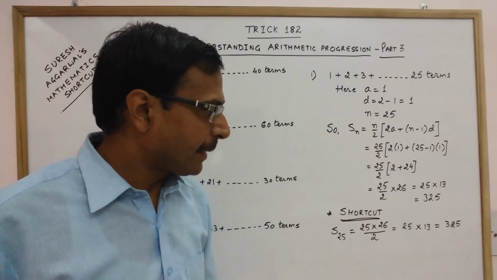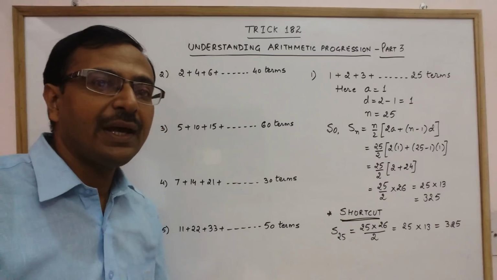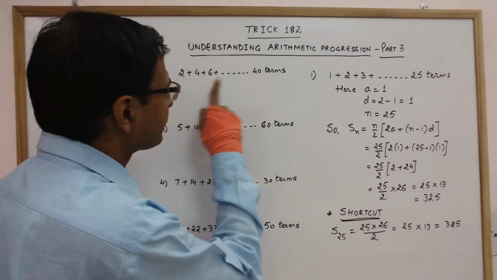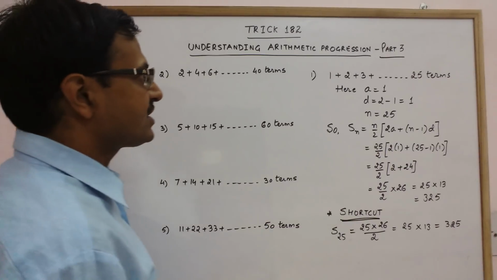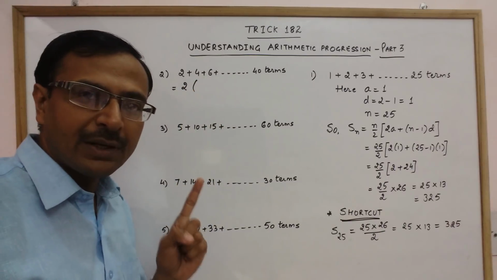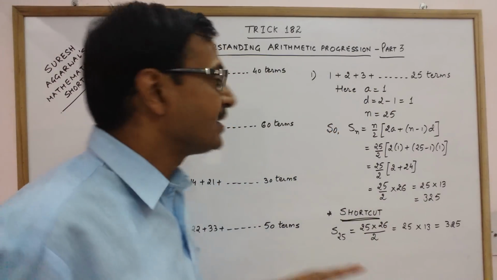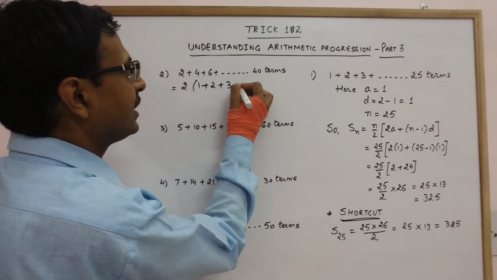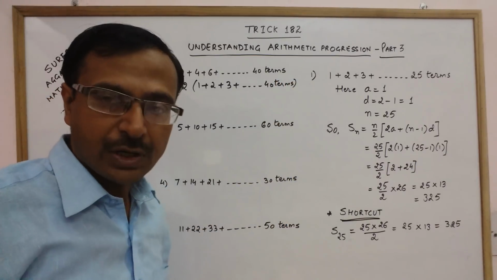Now using this, you can find the sum of first n multiples of any number. Like here we have the multiples of 2. Now see, 2 plus 4 plus 6, we have to find the sum of 40 terms. So the first step involved in this will be to take 2 common, and if you take 2 common, then we are again getting the same series of natural numbers. See, 2 becomes 1, 4 becomes 2, 6 becomes 3, and we obtain 40 terms, first 40 natural numbers.